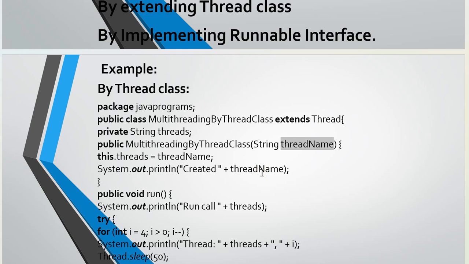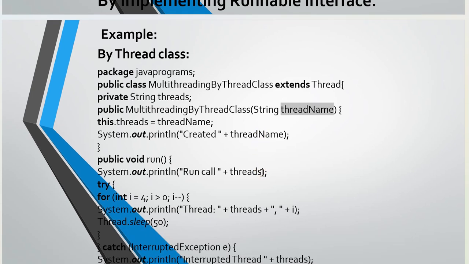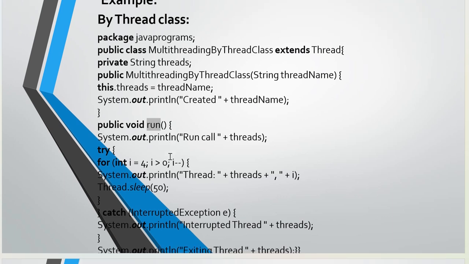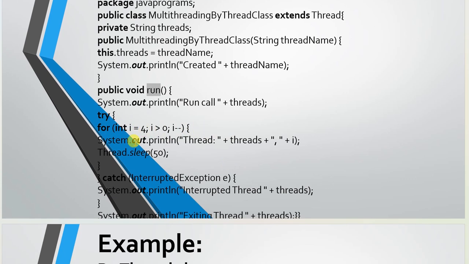We'll see how it is printing and how it is assigning one thread to another thread. This is the run method which will actually do the task. Here we have taken simply a print statement, so it will do the task we want to do. Inside the try block we are taking a for loop, and inside that we have one print statement that is printing the threads.